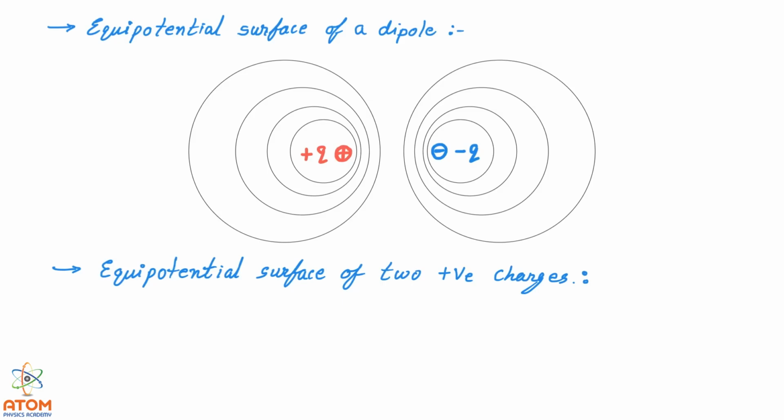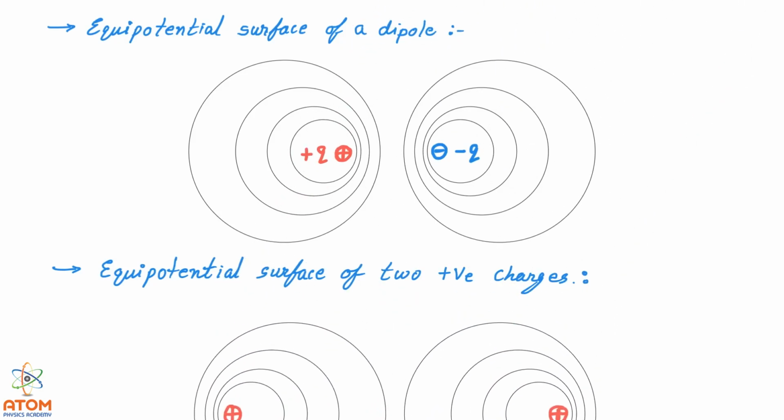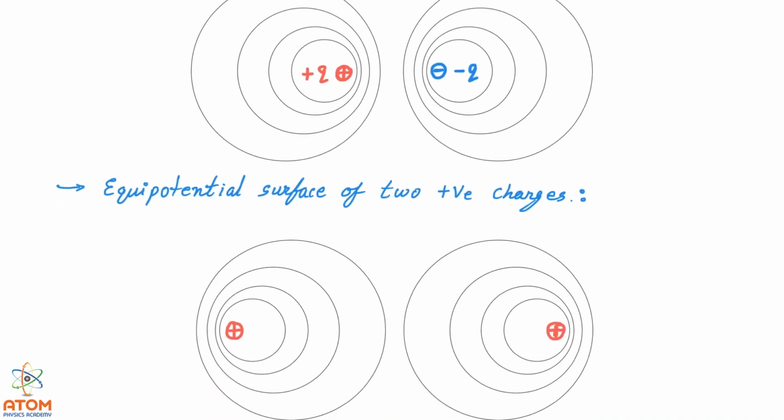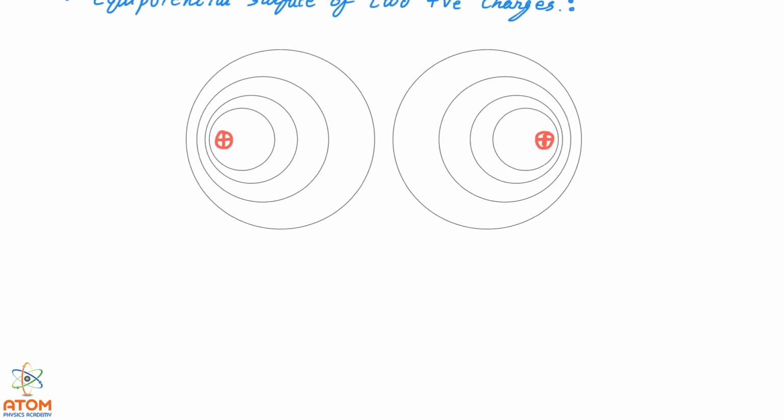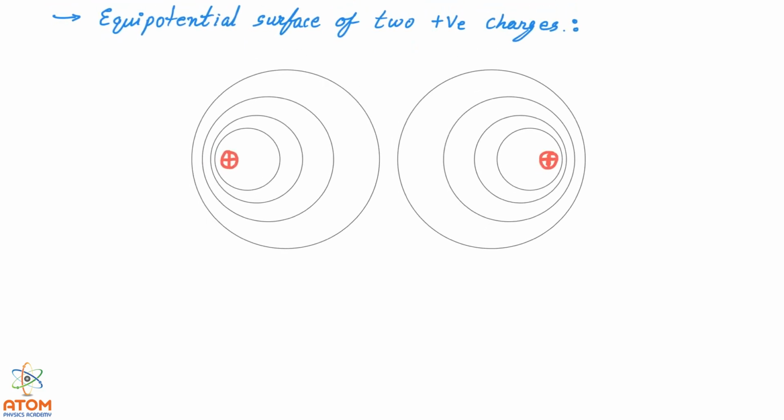Now, on the contrary, if I choose two positive charges, then the equipotential surface is found something like this. Here, let me note down, both are plus Q charges.